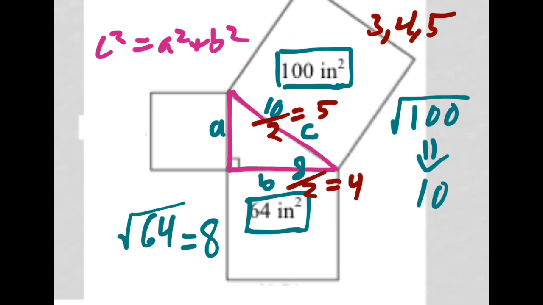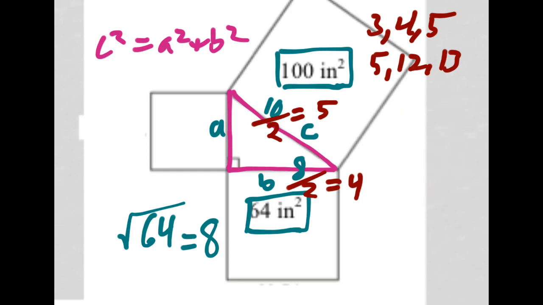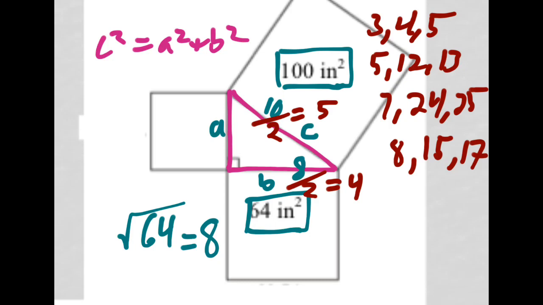Remember our Pythagorean triples. 3, 4, 5, 5, 12, 13, 7, 24, 25, 8, 15, 17, so on and so forth, right? So I have my 4, I've got my 5, just have to put in my 3.